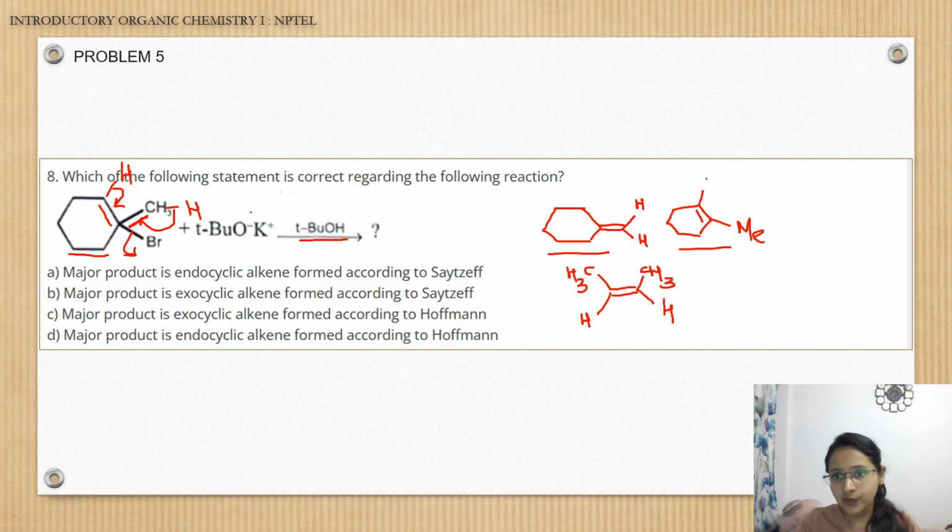But if I am focusing on the endocyclic alkene, this alkene has a lesser number of hydrogens and is more substituted. See, here methyl is there, at the second position methyl is there. Here also methyl is there, and again only one hydrogen is present. But here there are two hydrogens and two methyl groups present. So that is why we are saying that this endocyclic alkene is much more substituted than the exocyclic alkene. Is it understood why the endocyclic alkene is more substituted?